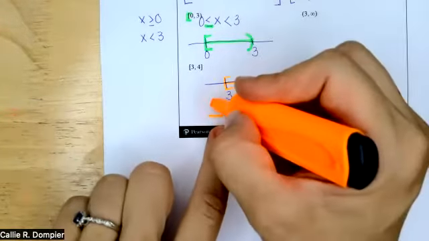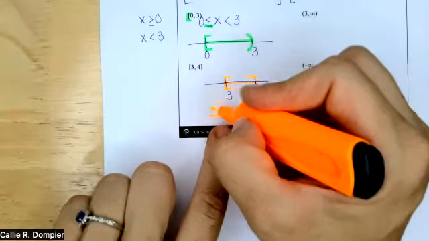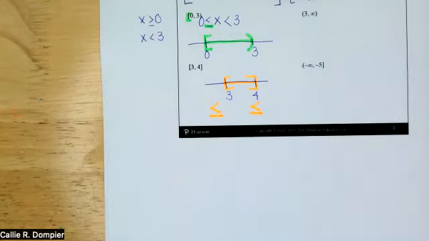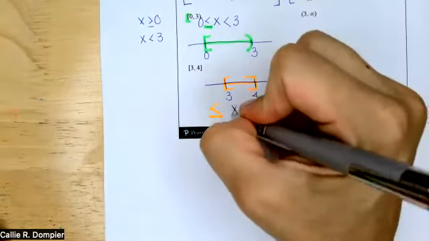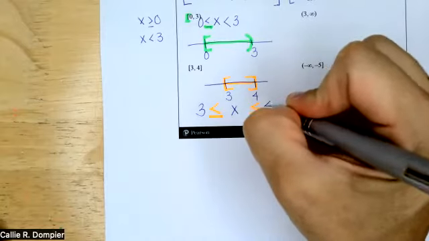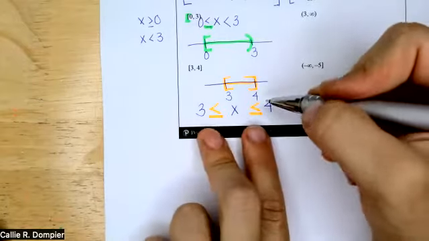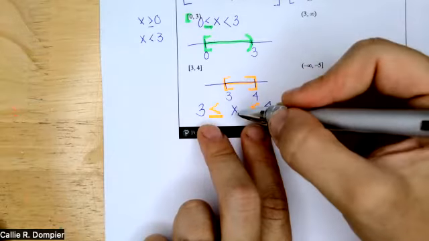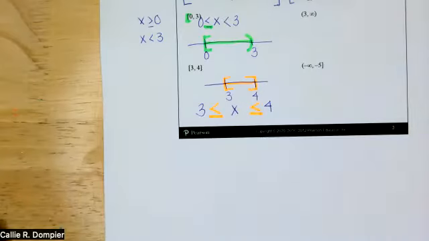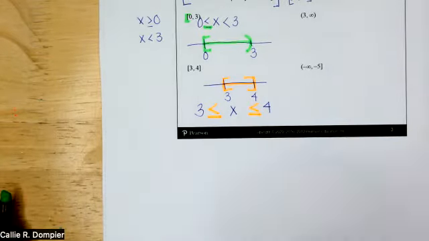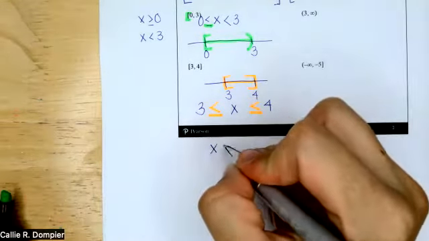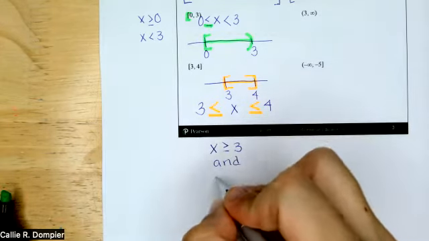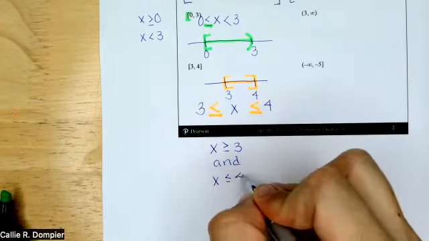X is going to be bigger, right, than the first number and smaller than the second number. The equals are because of the brackets. And then x is between 3 and 4. So x is bigger than 3, smaller than 4. Which can also be x is greater than or equal to 3 and less than or equal to 4.